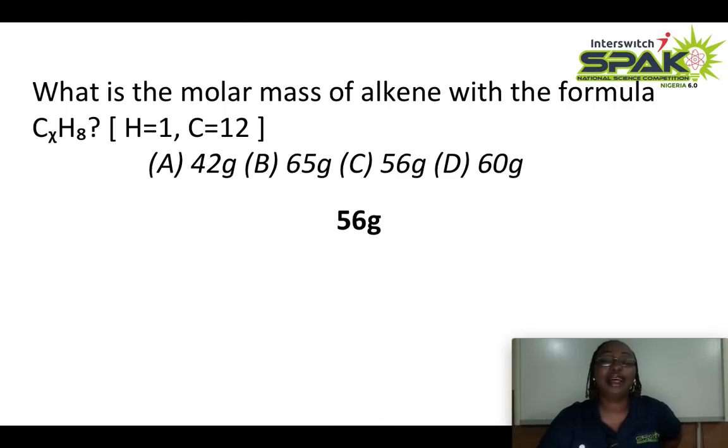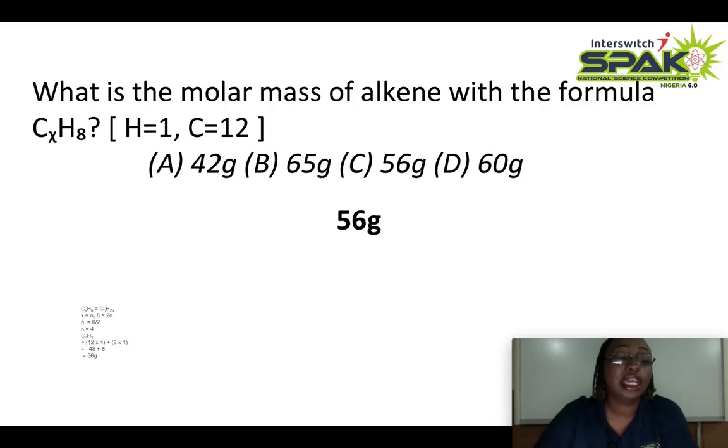What is the molar mass of an alkene with the formula CxH8? H is equal to 1, C is equal to 12. Now, how did you get 56? That is the next step to look at. You realize that CxH8 is equivalent to CnH2n, because it is an alkene.